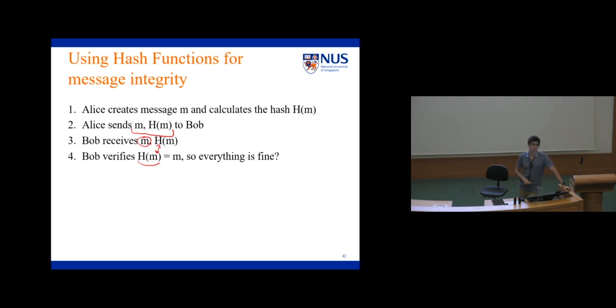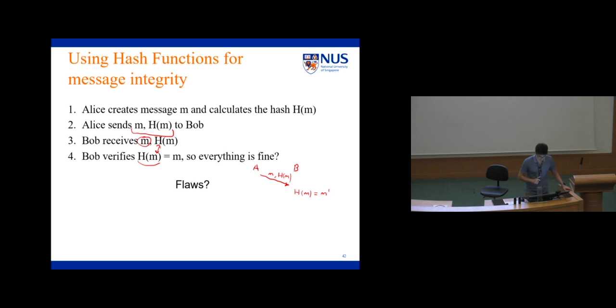So does that work? Any flaws to this? Let me write the protocol here. Alice and Bob. So Alice created a message, and she sent the message and the hash of that message, right? And Bob took that message and computed the hash of that message, which gave him m prime, let's say.